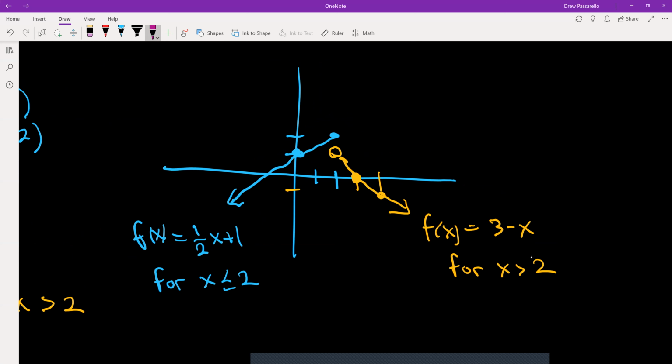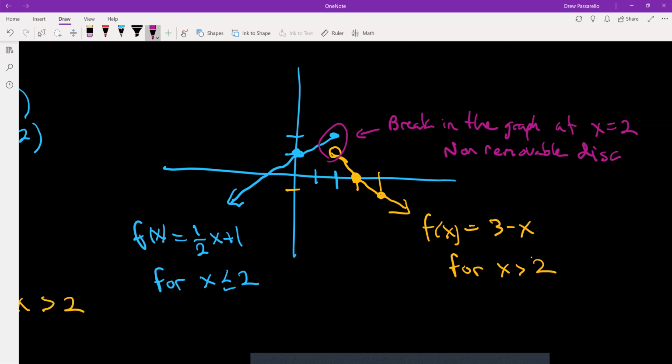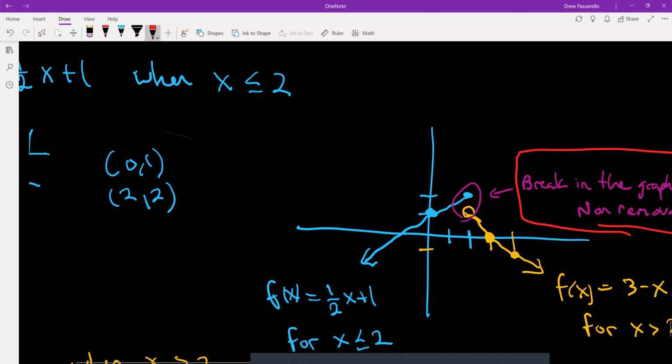It's a small little break. That means it's non-removable discontinuity, and that occurs at x equals 2. So you could graph it and get to that same answer, which is more obvious.